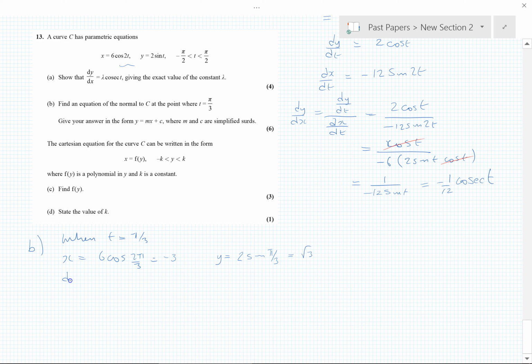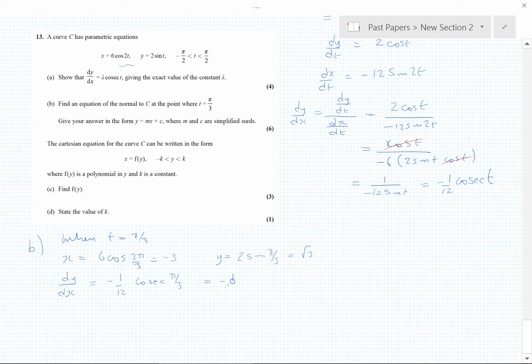Now dy by dx is equal to minus 1 over 12 cosec pi by 3. Now that's 1 over sine pi by 3.